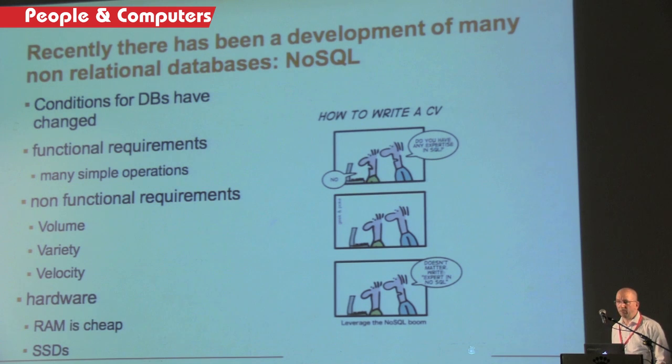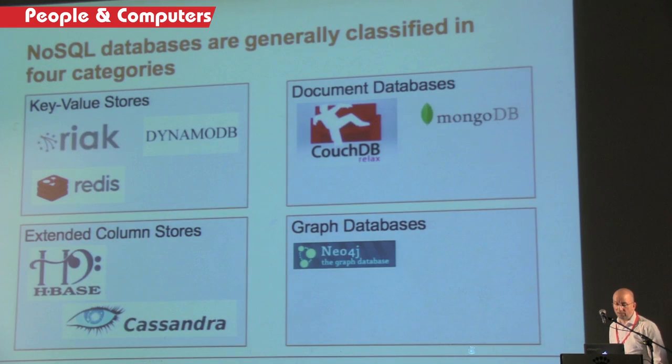As a result of that big bang, there are many, many non-relational databases. They're usually classified in 4 categories, and for each category I've just given some examples, so if your favorite database is not there, please don't mind, it's not representative. The categories are key value stores, document databases, extended column stores, and graph databases.